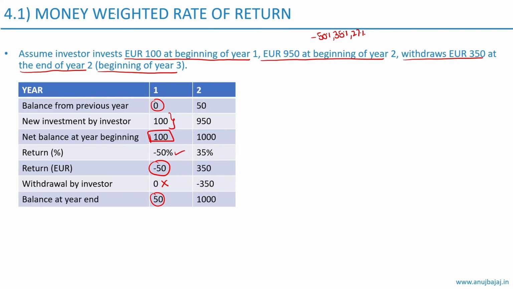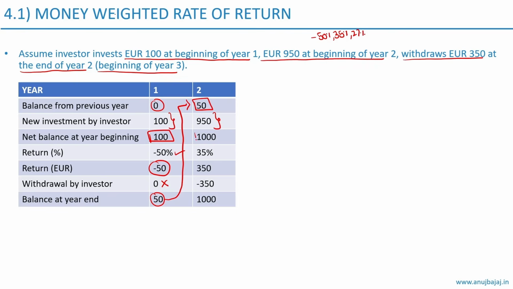Coming to the second year, carrying this balance forward, the balance at the beginning of the second year is 50 euros. The investor made an additional investment of 950 euros at the beginning of year 2. You can also consider this additional investment made at the end of year 1. Both are the same.